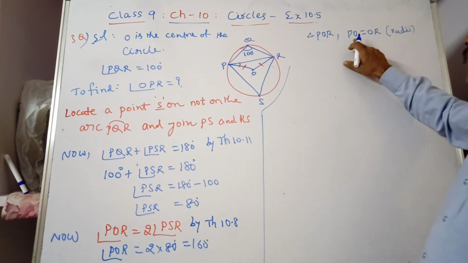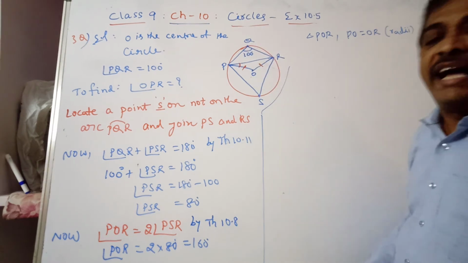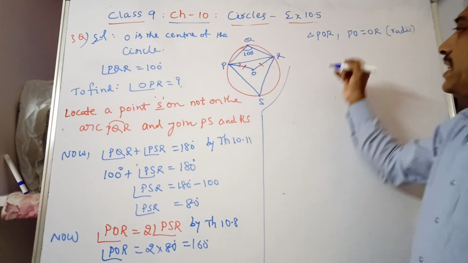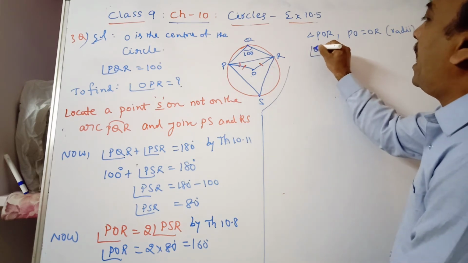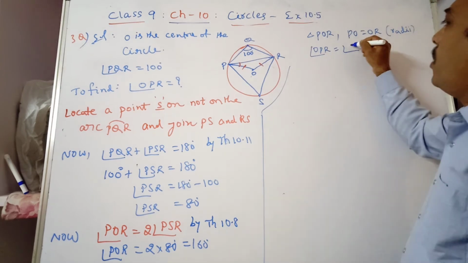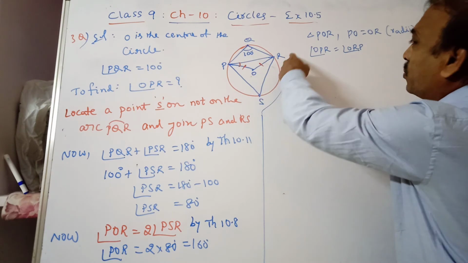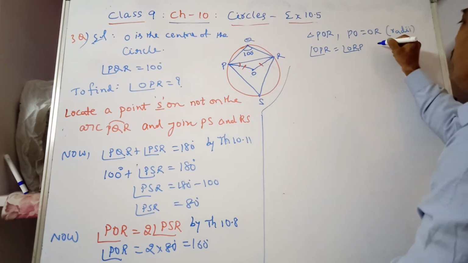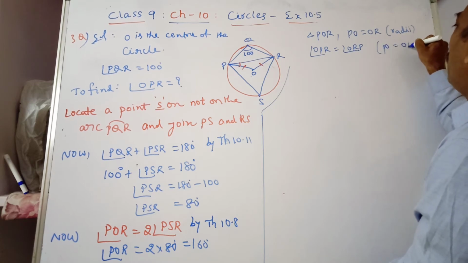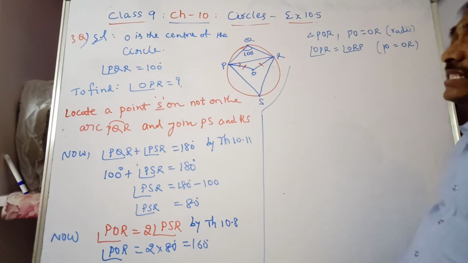So if PO is equal to OR, angles opposite to equal sides of a triangle are equal. Those are angle OPR is equal to angle ORP, as PO is equal to OR. It is an isosceles triangle.